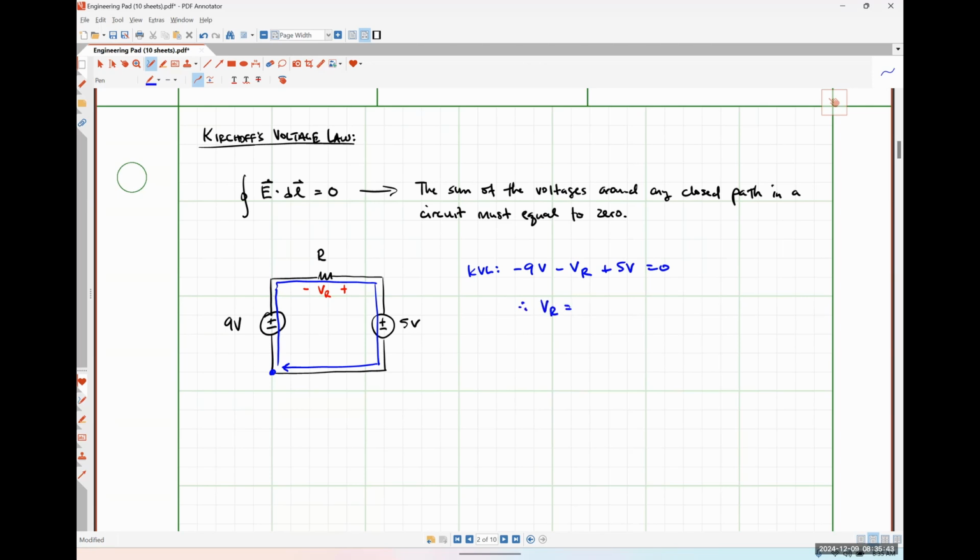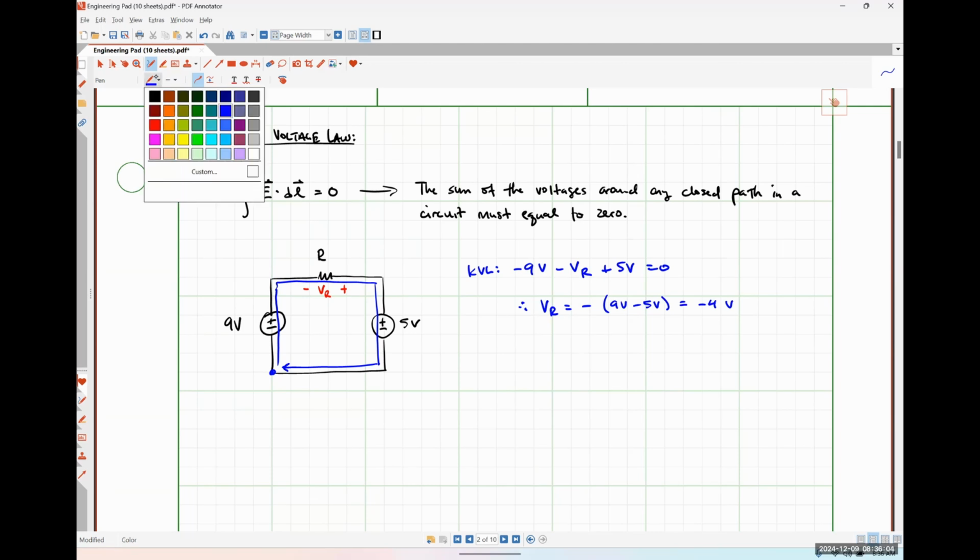Solving for VR, that would look like negative 9 volts minus 5 volts, which is negative 4 volts. Now, just for the hell of it, let's start here in the top right-hand corner and go in the opposite direction and see what happens.